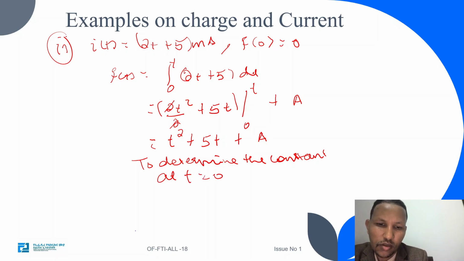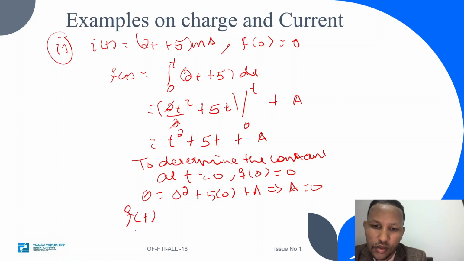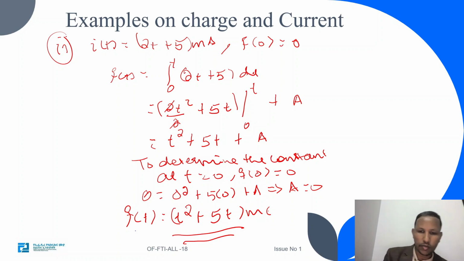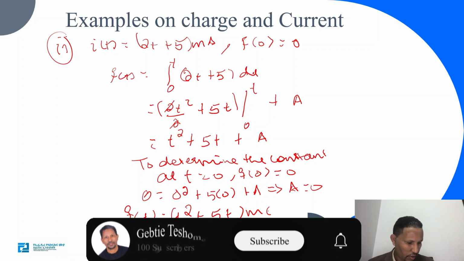At t equals 0, Q of 0 equals 0. So 0 equals 0 squared plus 5 times 0 plus a. From this, a is equal to 0. So Q of t equals t squared plus 5t millicoulomb. This is the expression for the charge passing through the element, given this current.